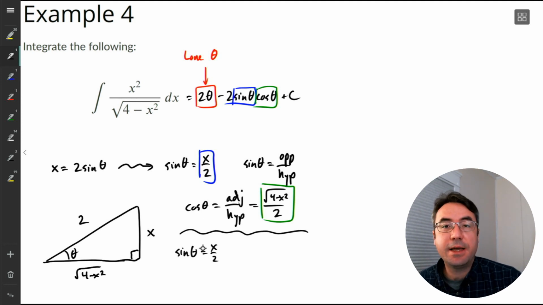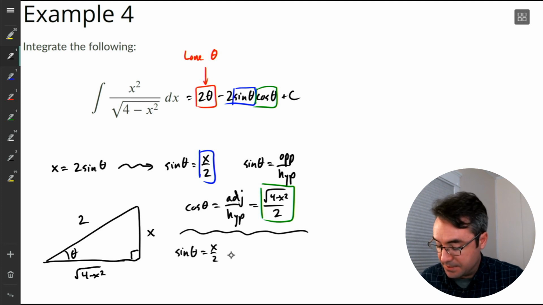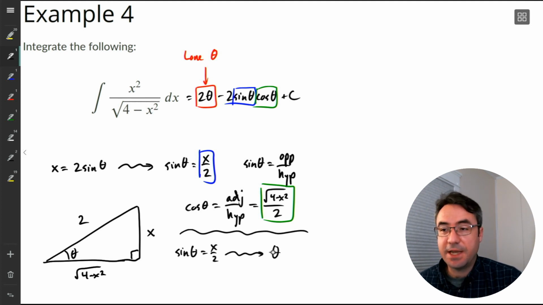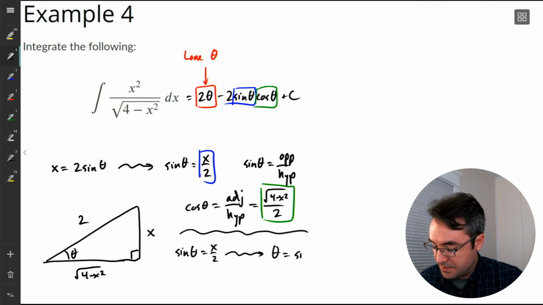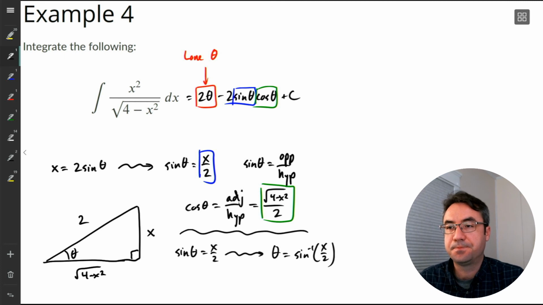And we can just apply the inverse sine function to both sides. That gives us theta on the left side, and inverse sine of x over 2 on the right. Those inverse trig functions can be helpful for finding these lone theta terms.